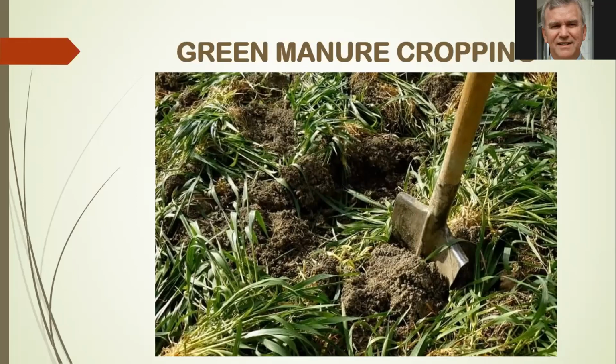So this is, as you can see in this picture, the delivery of growing plants in a vegetative form directly into the soil to improve many characteristics of a soil profile, whether it be chemical or physical characteristics. The best method that I have found over all of my years is the incorporation of plants or green manure into a soil profile. Next slide.